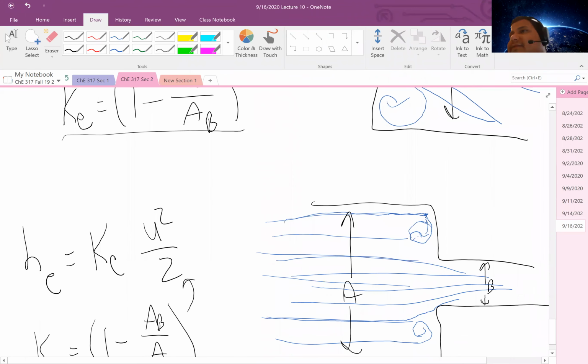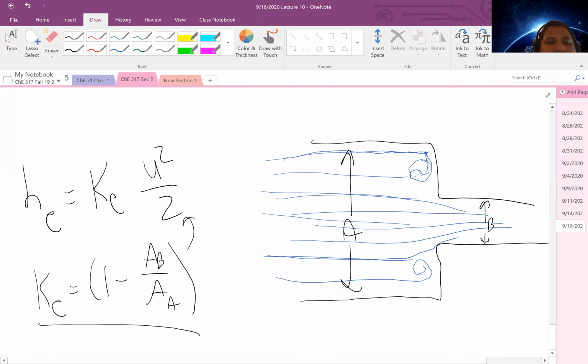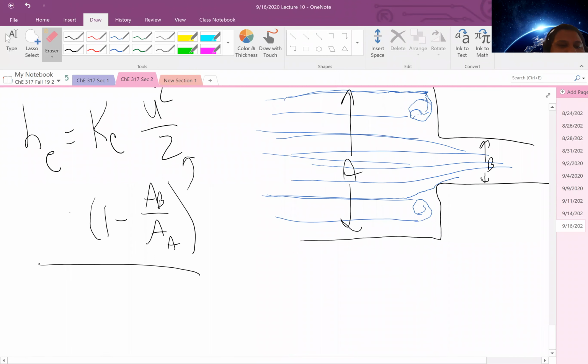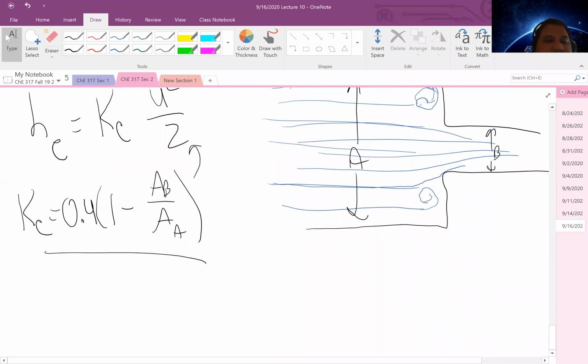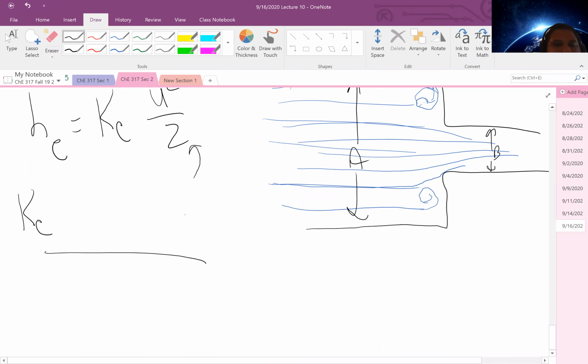Oh, but I did forget, because I can't see my notes completely, there is a factor here for contraction. Thank you for that question. I would have missed it. It's 0.4 times 1 minus AA over AB. And here, I'll tell you what, I'll just clean up the whole expression.